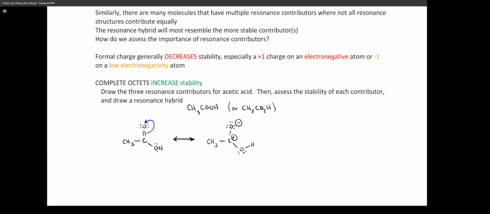Correct? What else can I do? I can move the lone pairs from here to there.